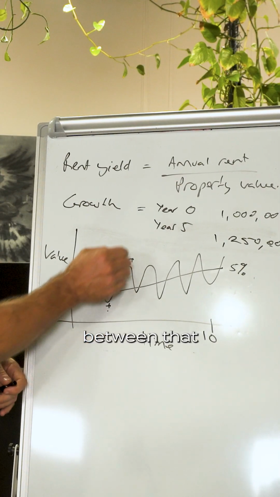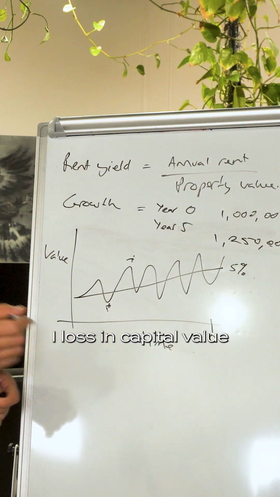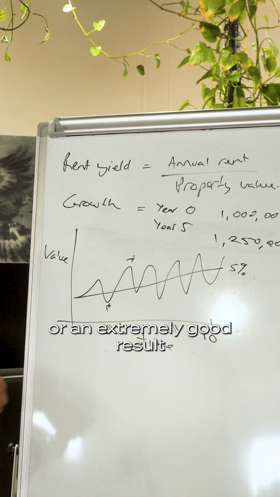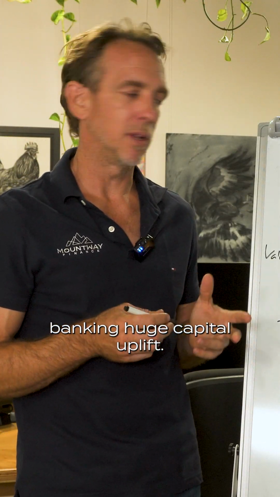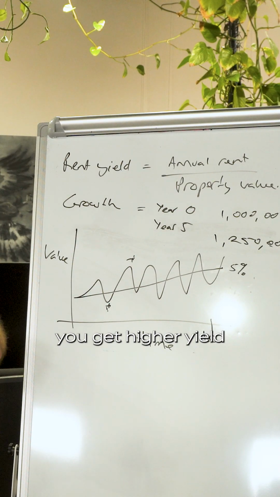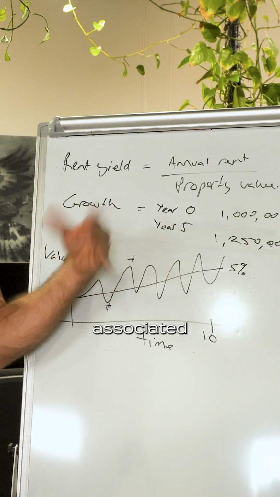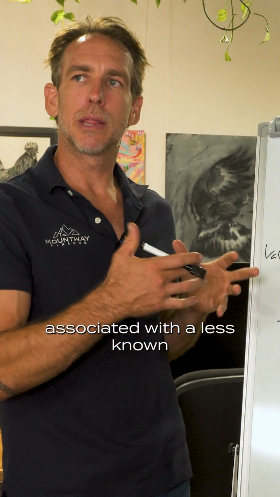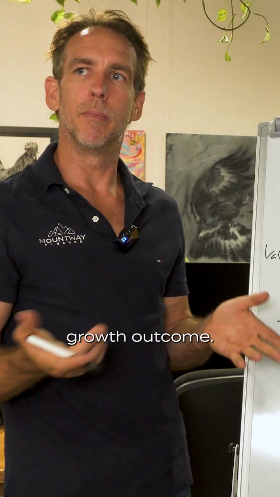And the difference between that and that is negative equity, or a loss in capital value, or an extremely good result in terms of banking huge capital uplift. And the reason why you get higher yield in regional and remote areas is often a result of offsetting the risk associated with the less known or less certain capital growth outcome.